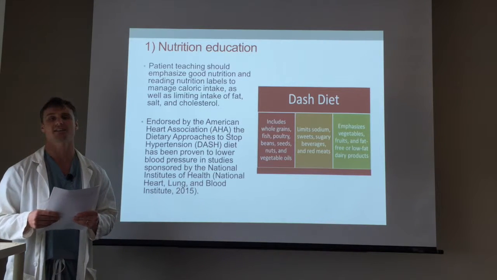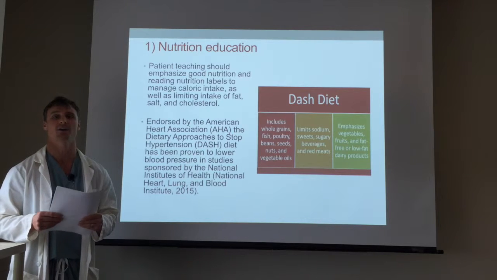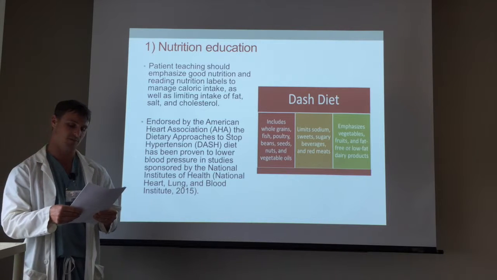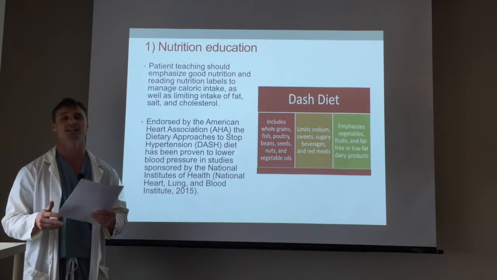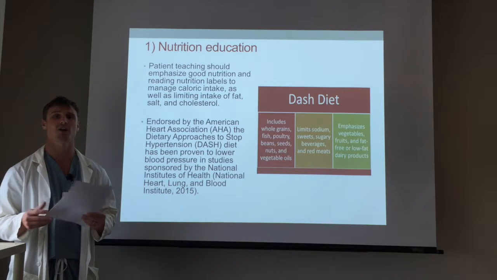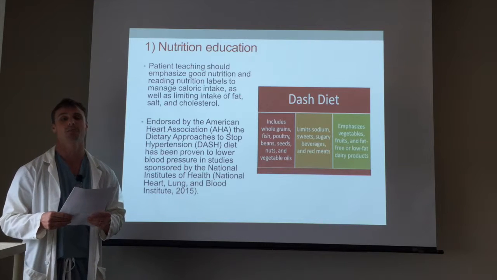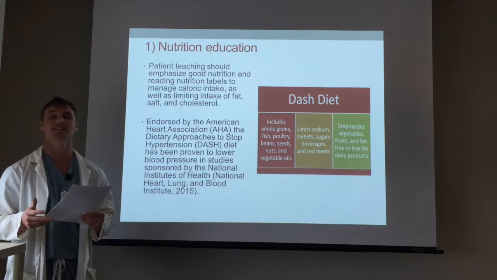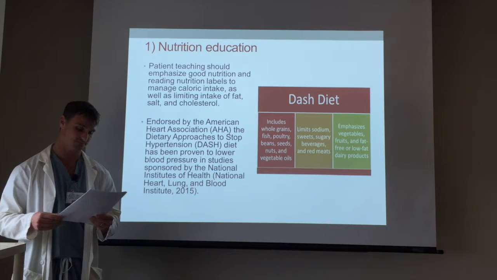The DASH diet is a great tool to teach patient X. It's recommended by the American Heart Association, and it has also been proven by studies sponsored by the National Institute of Health to lower blood pressure. The diet is basically a modified version of our food pyramid, which we were taught in grade school. It recommends healthy fruits and vegetables, while limiting saturated fats, cholesterol, and salt.